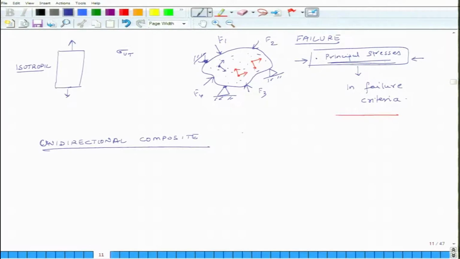It has 5 strength parameters. The first strength parameter is called longitudinal tensile strength.